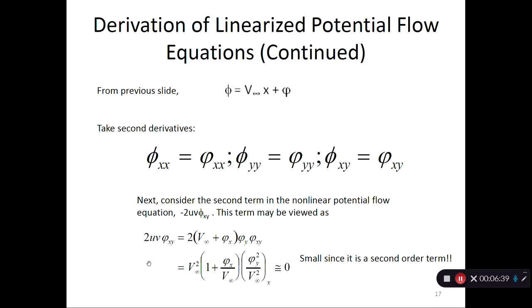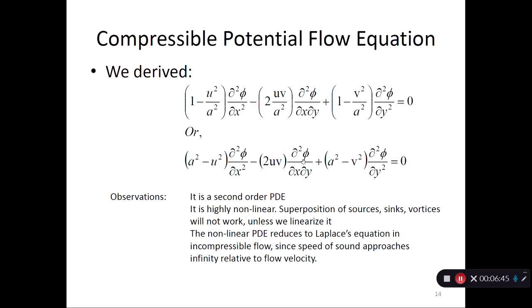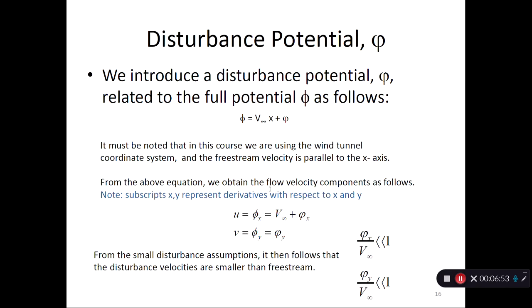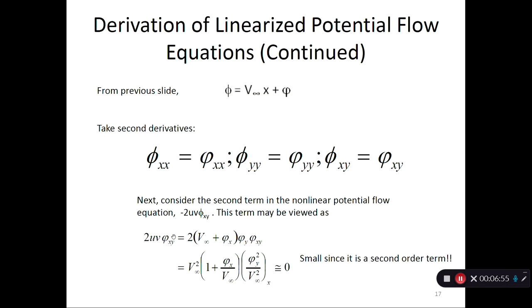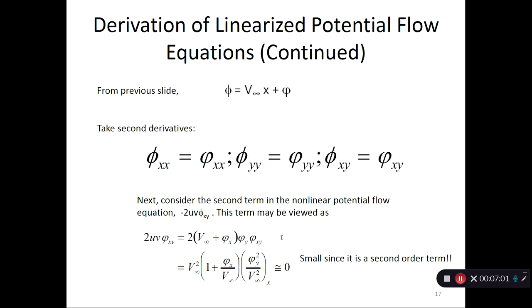So let's take the middle term, which is 2uv phi xy, which is this term. The minus is there, we know, we have not forgotten about it. So let's look at the order of magnitude of this particular term. Then what we get is u is free stream velocity plus disturbance velocity. v is a disturbance velocity. Now this is d by dx of phi y.